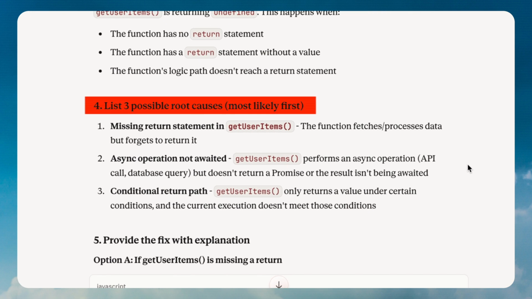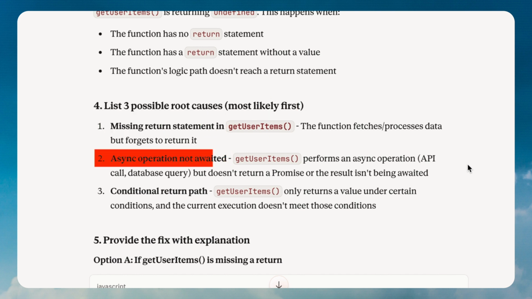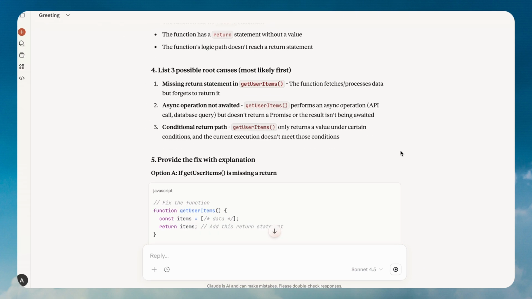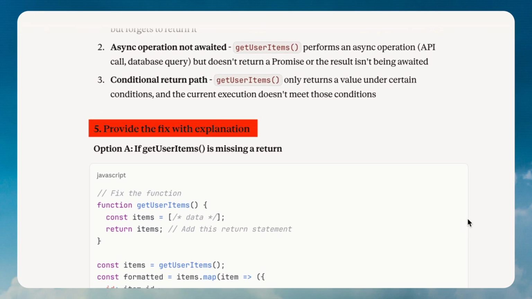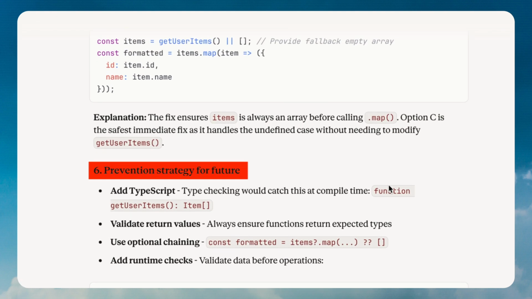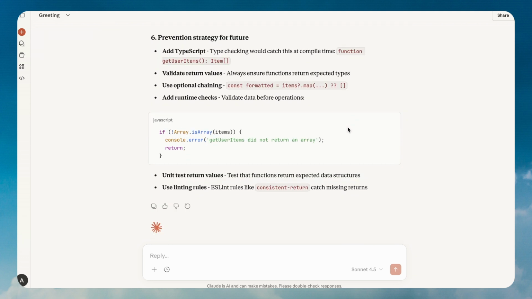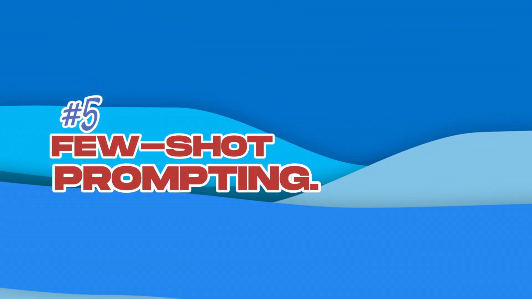Step 4 lists 3 possible root causes ranked by likelihood: missing return statement, async operation not awaited, or conditional return path. Step 5 provides the exact fix with code and a clear explanation. Step 6 prevention strategies to avoid this in the future. Chain of thought turns random guessing into systematic problem solving. Production-ready solutions every time.